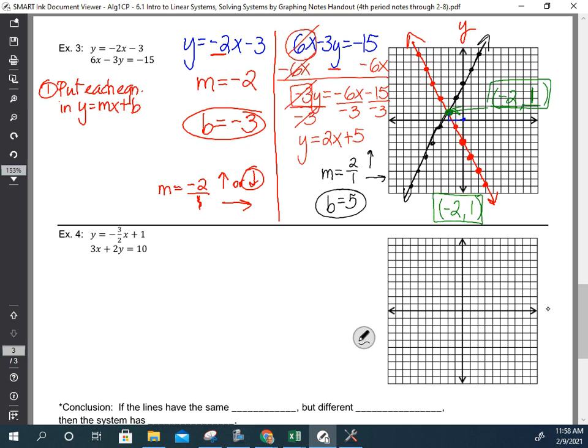So example 4, what we're working on next. y equals -3/2 x plus 1 versus 3x plus 2y equals 10.